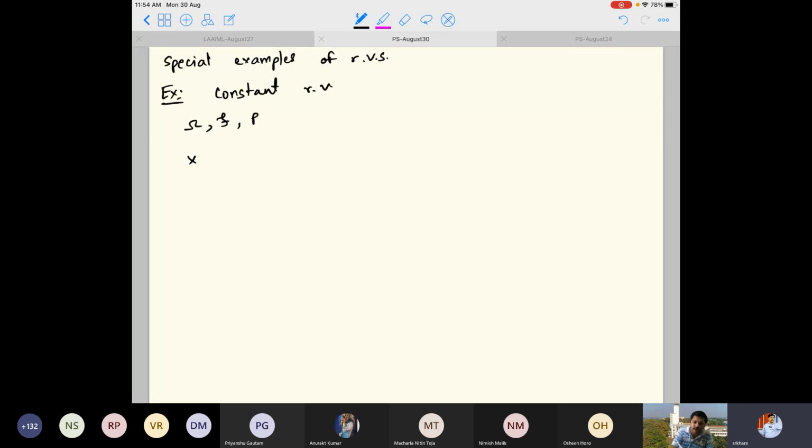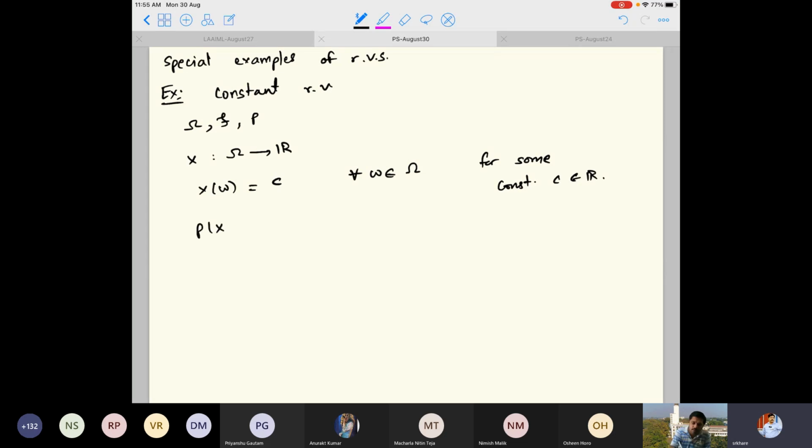I define X to be a function from omega to R, such that X of omega is equal to some constant c for every omega in omega. So every element omega is going to this constant, right?